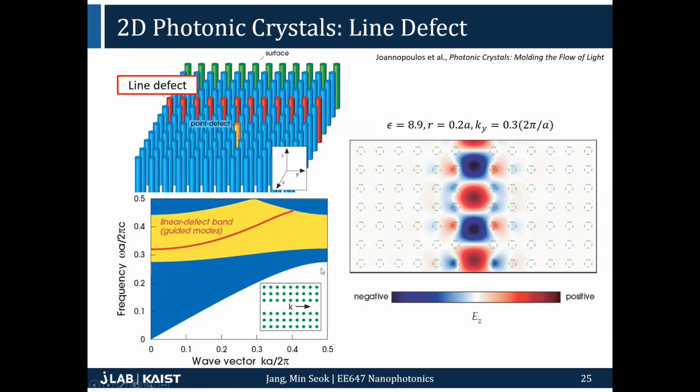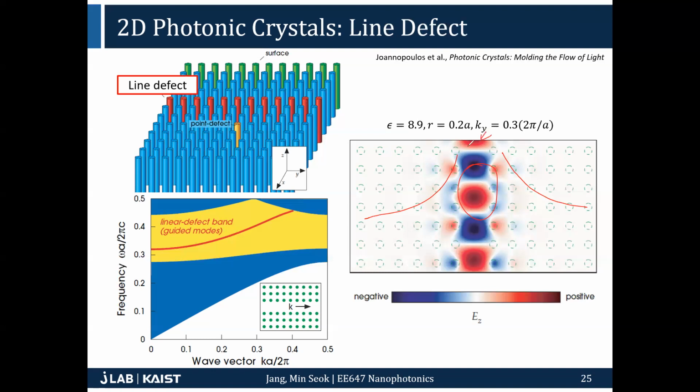Okay, so as I said earlier, even in the band gap region, if you think about this k vector, they have an imaginary k vector mode. It's not propagating, but there's an evanescent mode. So you can see here in the photonic crystal regime, you have an exponentially decaying mode, which is localized along the point defect, line defect.